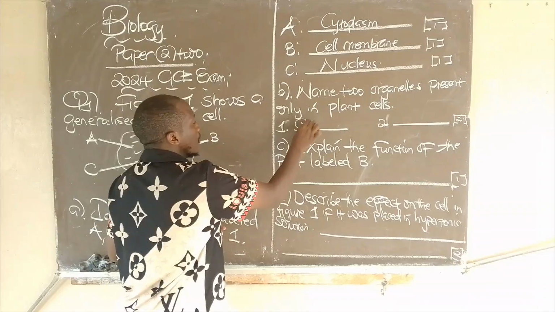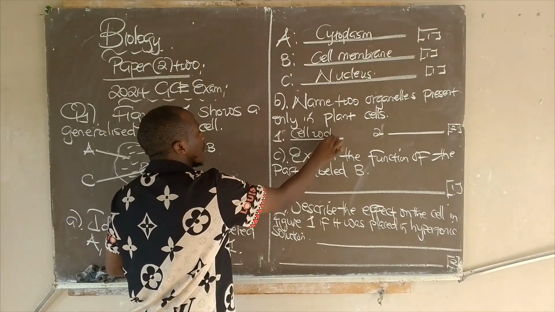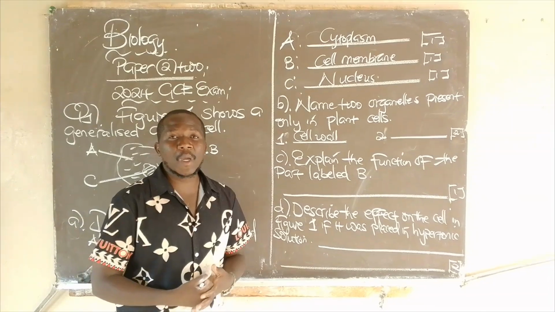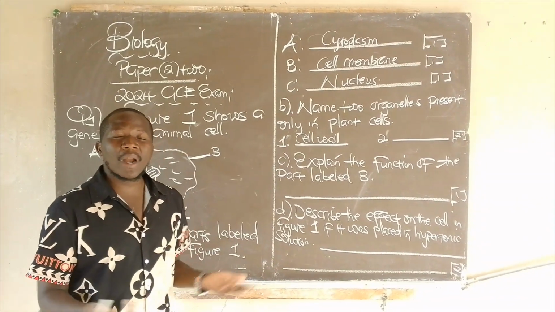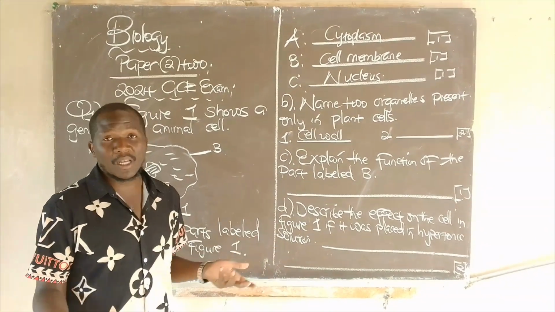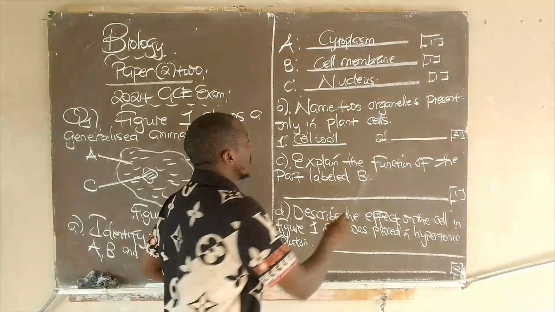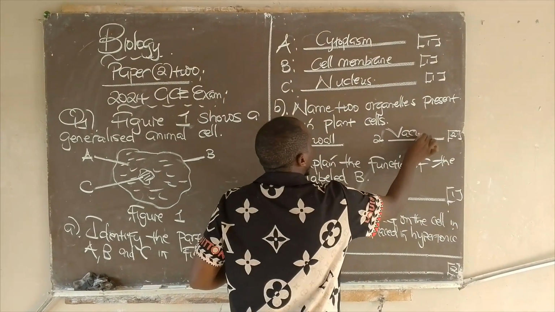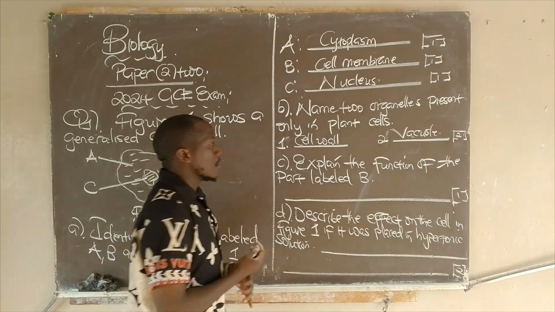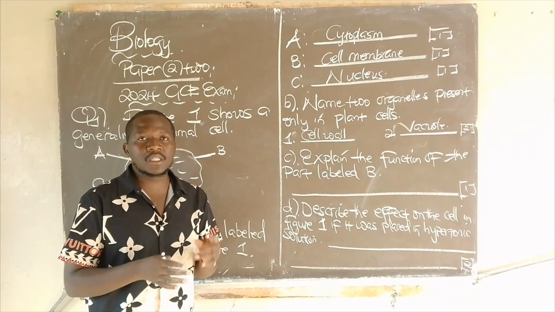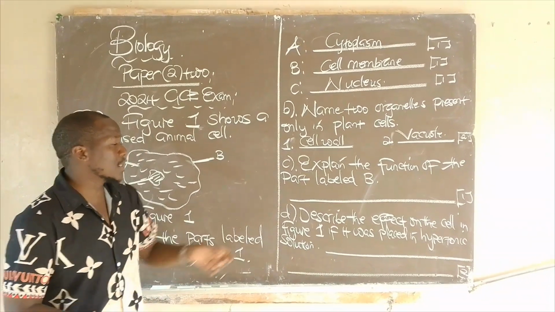Here we can talk about the cell wall, a mitochondrion, a vacuole, ribosomes. Those are also organelles, the endoplasmic reticulum and some others to mention. So here we're going to talk about a vacuole, and we're also going to talk about a cell wall. These biologically differentiate a plant cell from an animal cell.